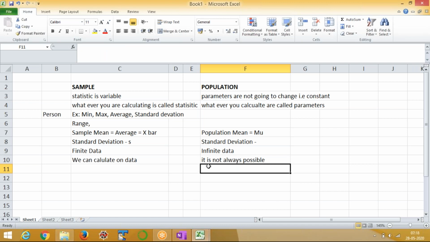Let's imagine you are working in a company, an IT company. They want to estimate the people's information. Based on your feedback, they want to improve the necessities and requirements in the environment. So they have only 1,000 people.